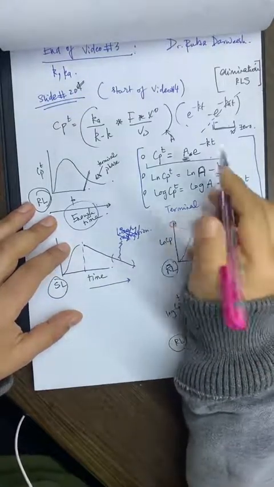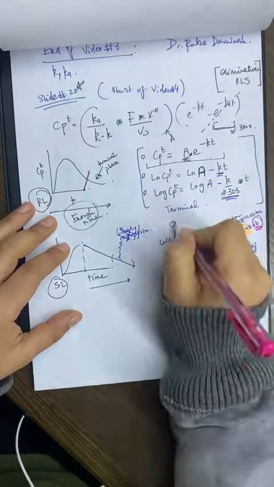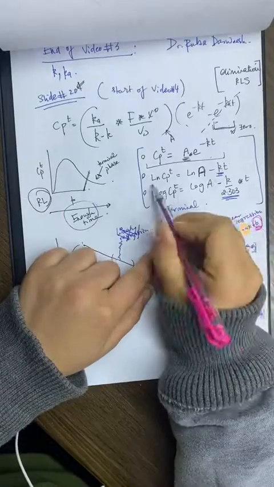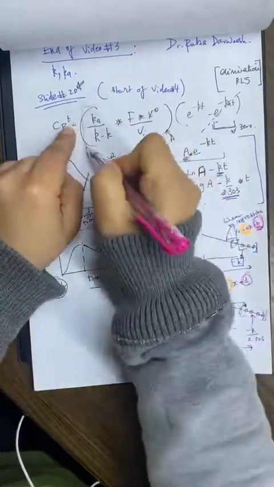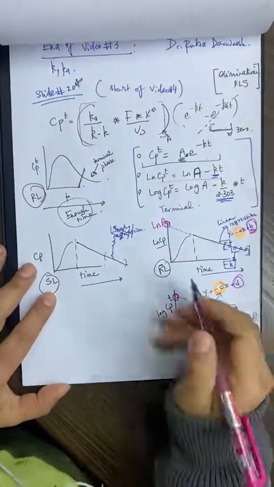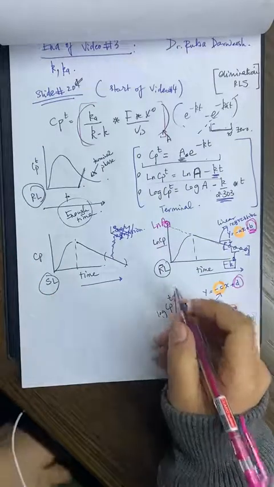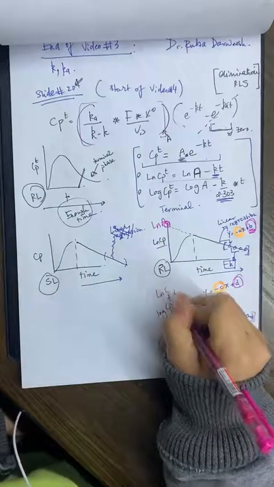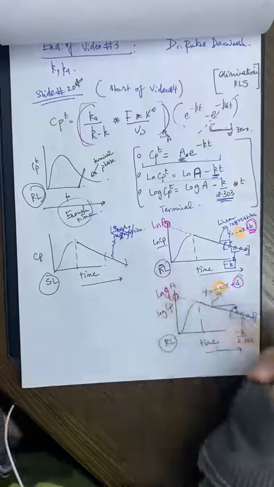The intercept according to the equations will be equal to, let's go to ln CP, ln A, which is ln the whole term. And in here, it will be equal to what? Log A, right?